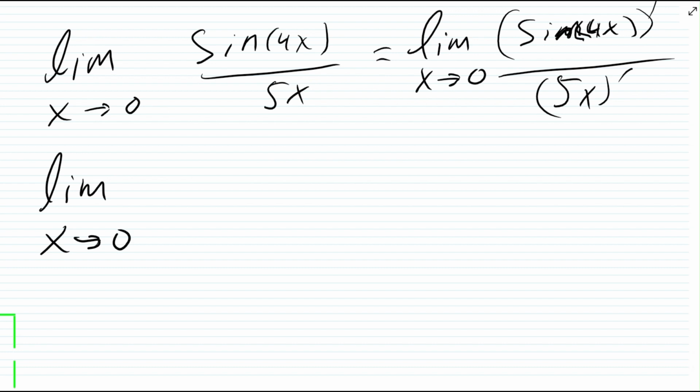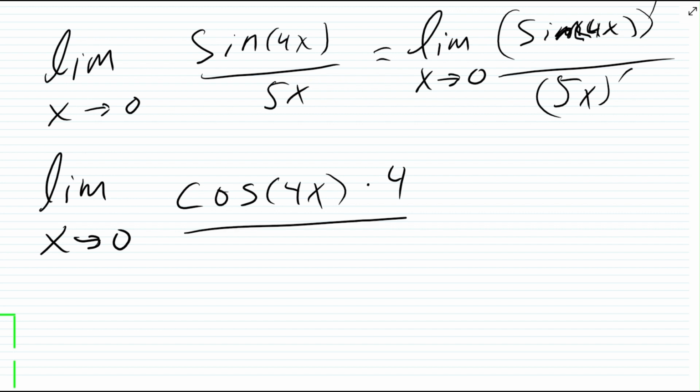We also know this is a function as well. You can say sine 4x can be written as cosine, because that is the derivative of sine, cosine of 4x, leaving the inner function the same, times the derivative of the inner function, which is 4, over the derivative of 5x, which is 5.